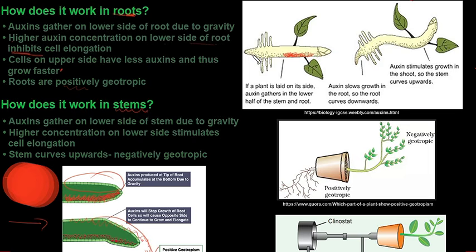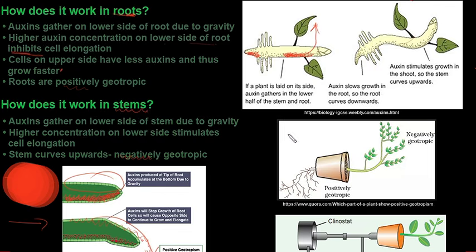Other than the root, where it stops the elongation, here it's going to stimulate it, and push the growth of the plant away from gravity. So the plant is going to start growing up. The stem curves upwards and it's growing away, so it is negatively geotropic.